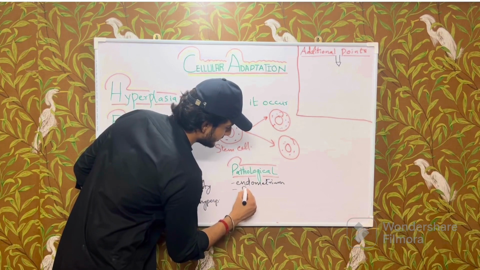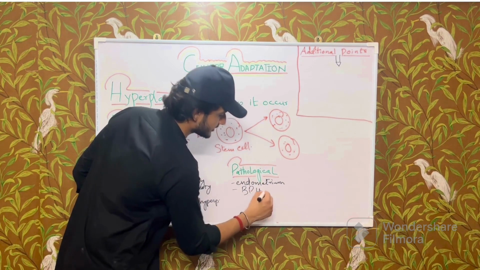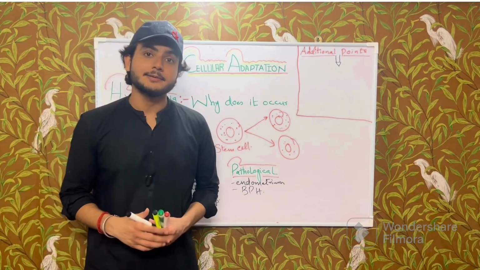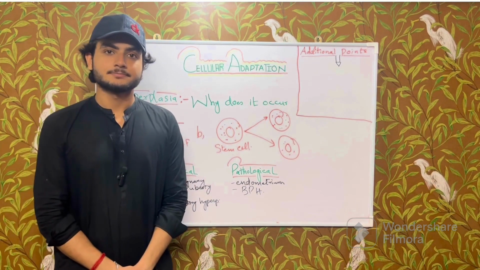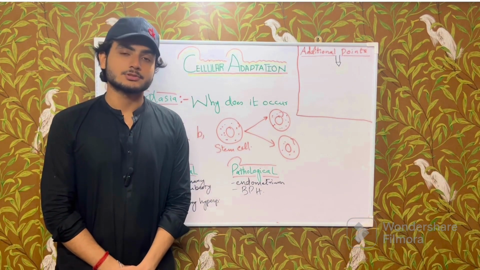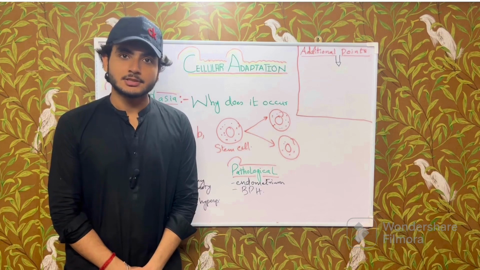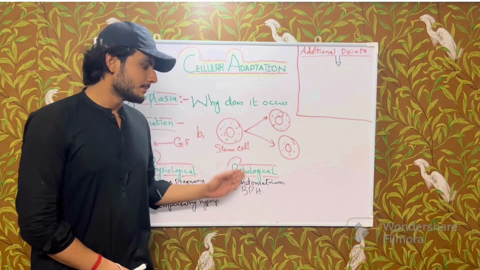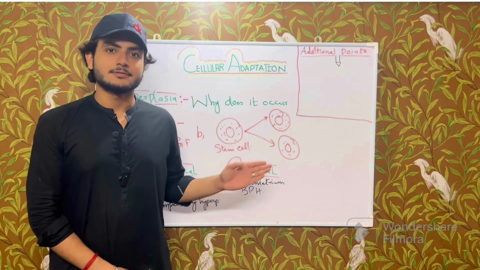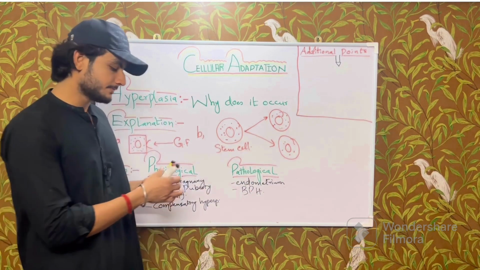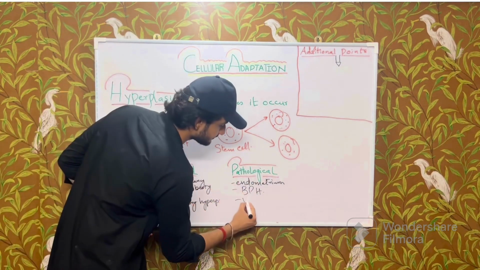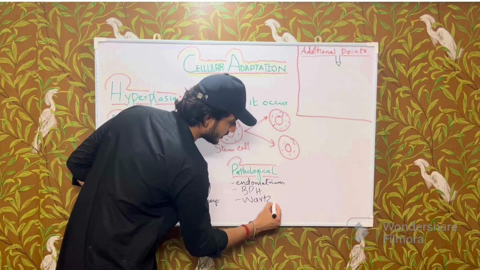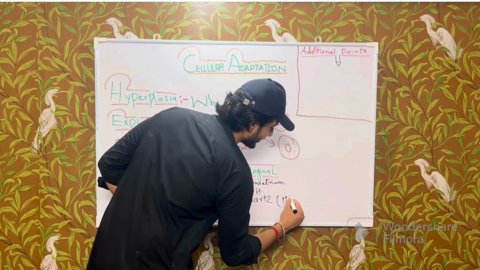The second example is BPH. It occurs in elderly male patients. Why does it occur? It occurs because of increased androgen secretion. Fortunately, BPH has the least chances of getting converted into malignancy. The third example is warts, which occur due to the human papilloma virus.